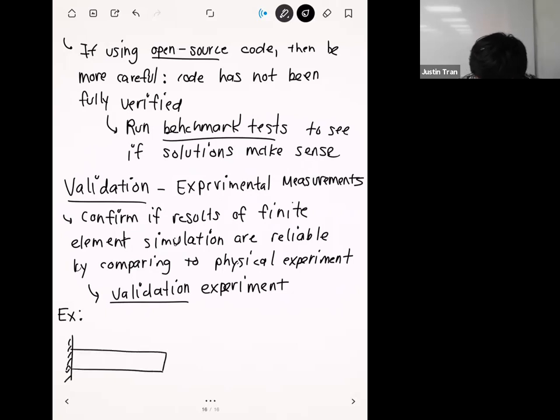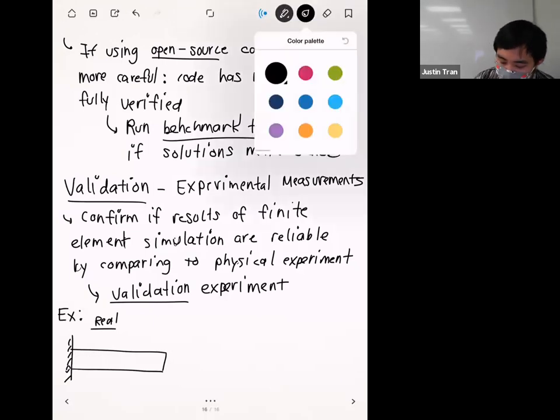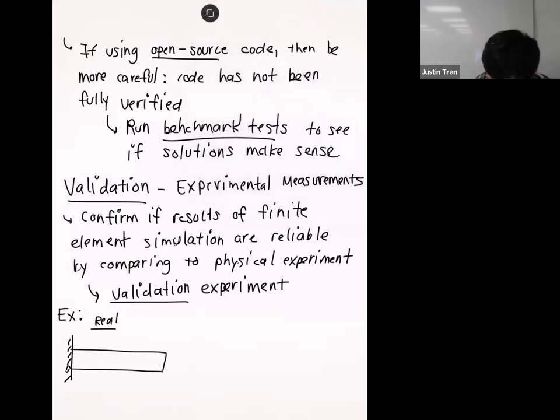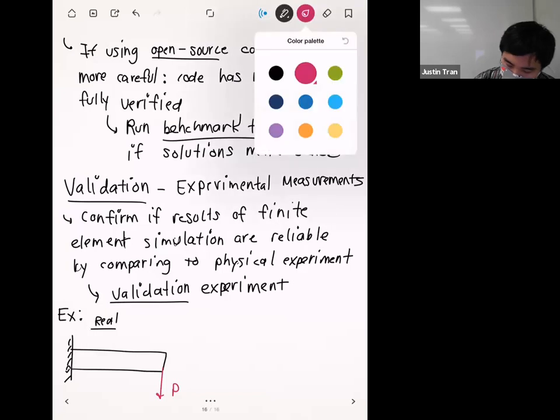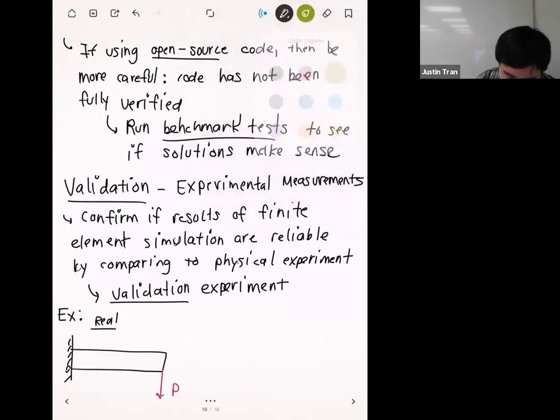And so let's say on the left here, we have the real situation. And so, in the real situation, we're actually going to build a real beam. Okay. We're going to apply a load. And then what we're going to do is, after we set this up, we're going to take some measurements.